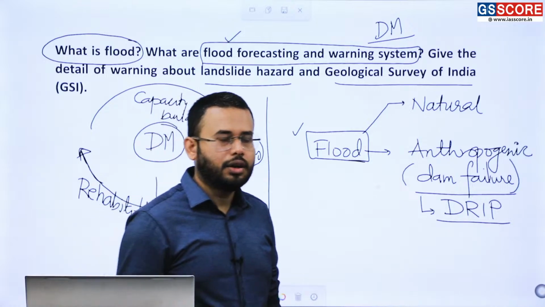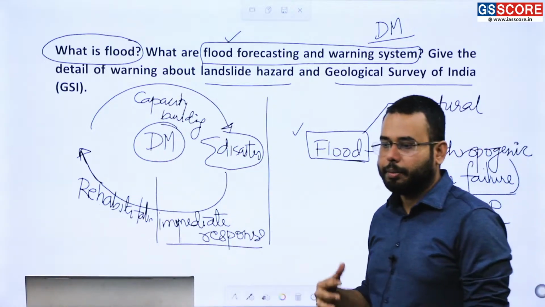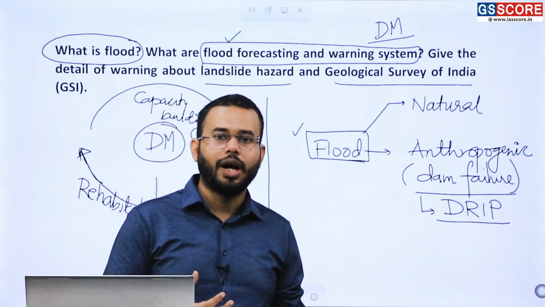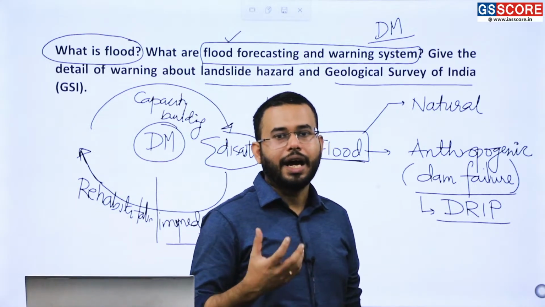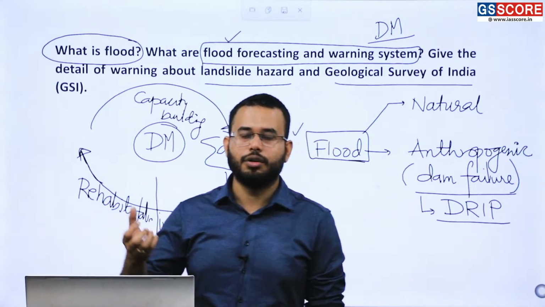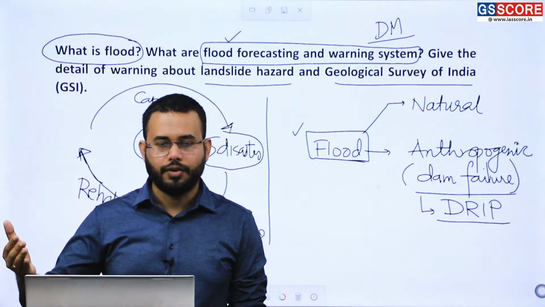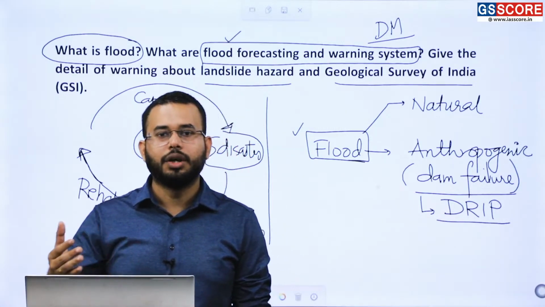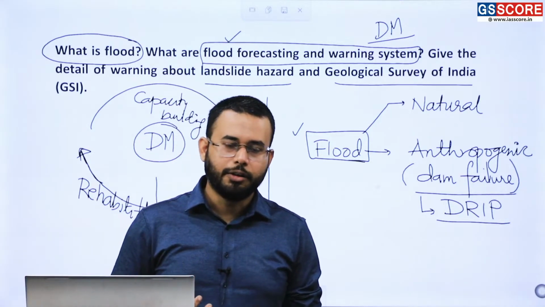Then one of the capacity building things is community preparedness, that community education and preparedness is also required in the flood prone areas, that how to react immediately if any information of flood is coming, right? So what should be the first course of action, how you can remove the population from the flood prone areas to other areas by getting the early warning information, right?